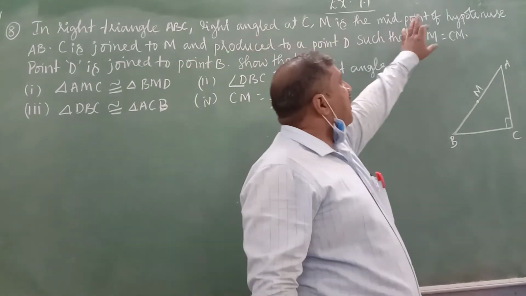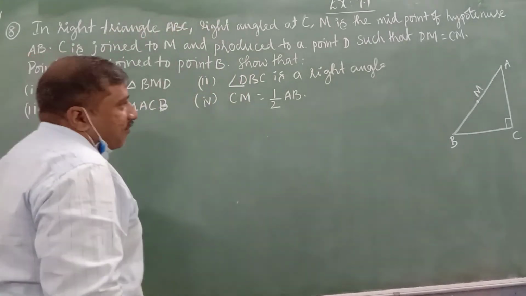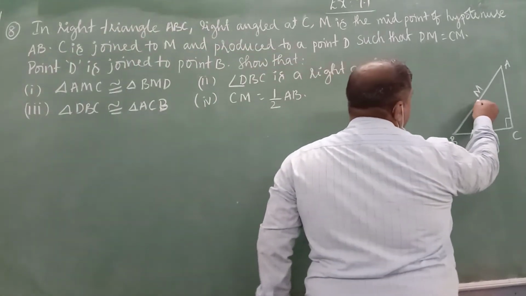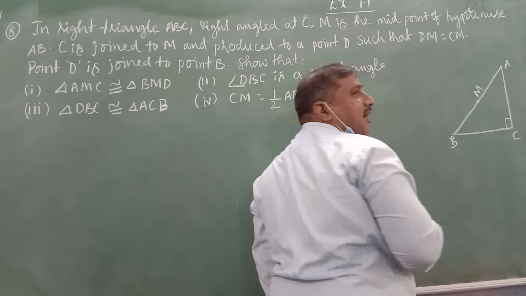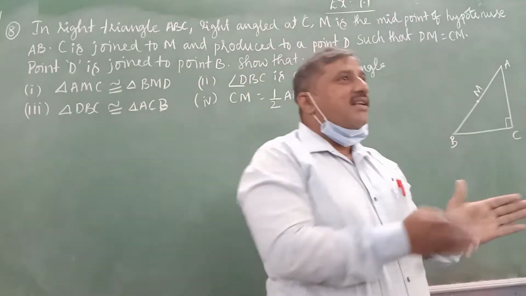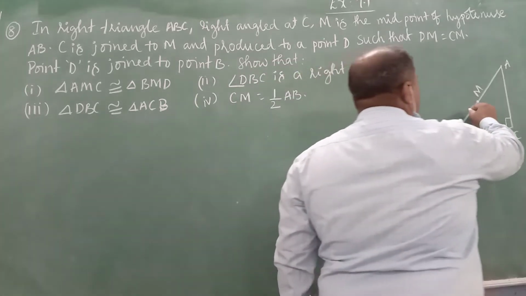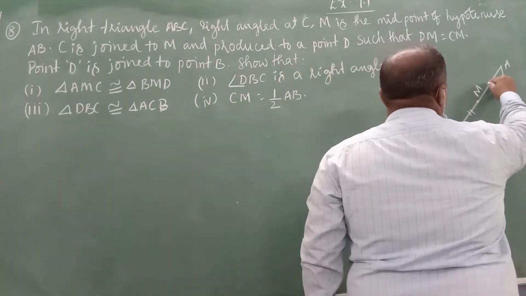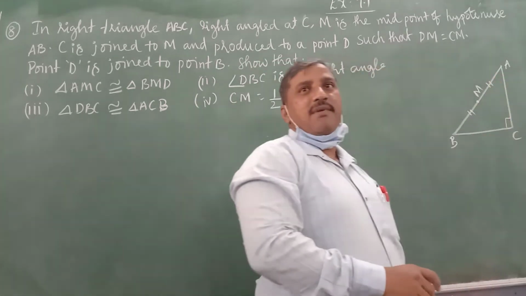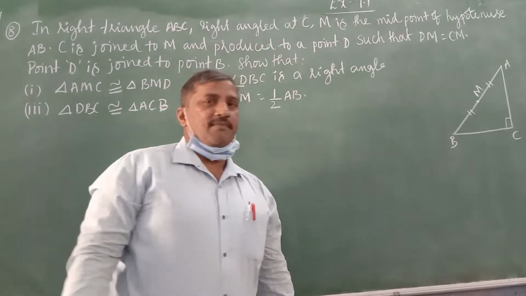M is the midpoint of the hypotenuse AB. So here point M is the midpoint, meaning the middle point which divides the line segment into two equal parts. So BM is equal to AM.